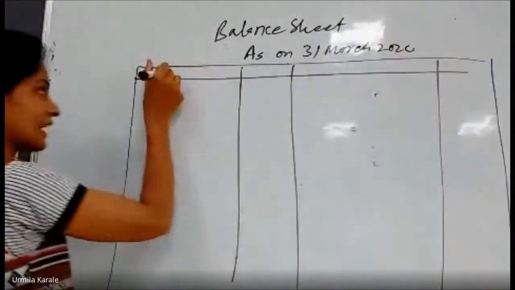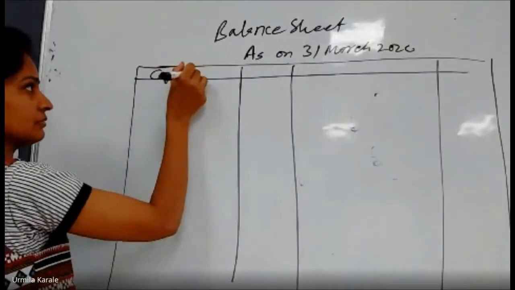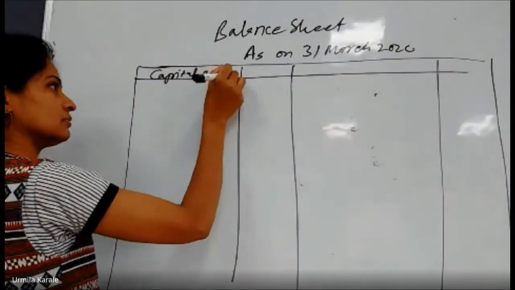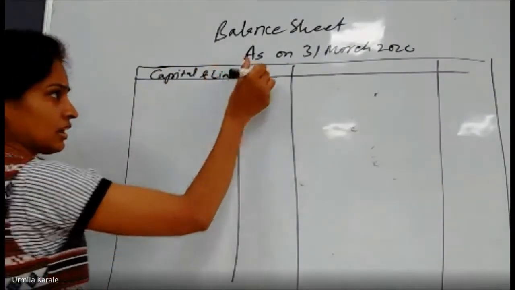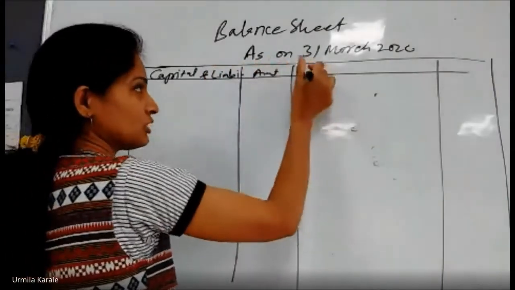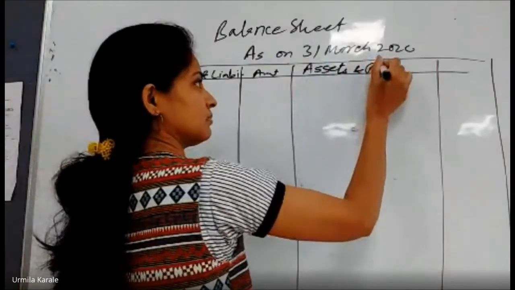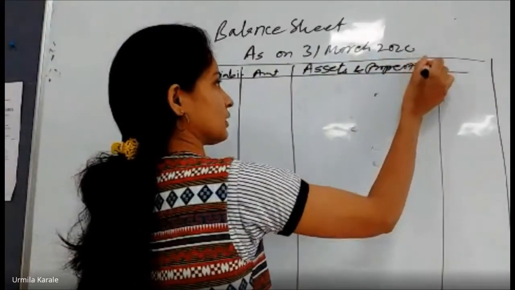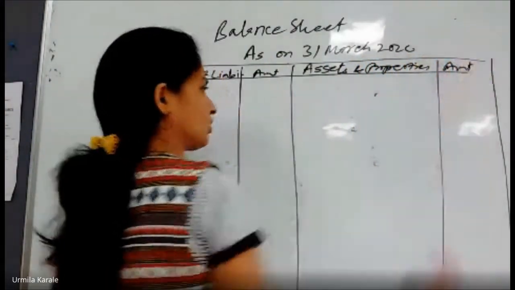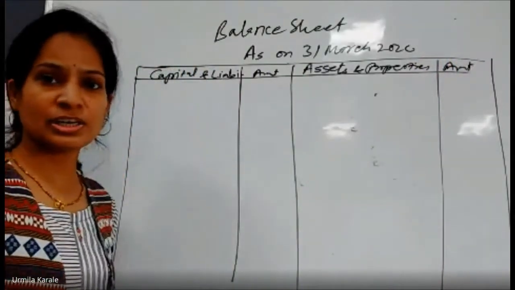To this side, capital and liabilities, amount. To this side, assets and property, amount.